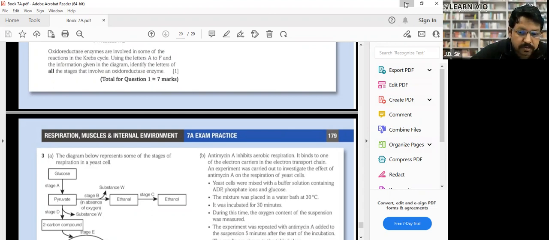Respiration. Yeah, it's there in detail.